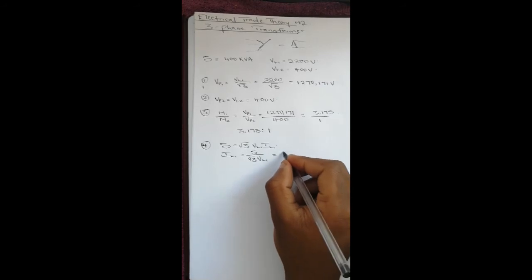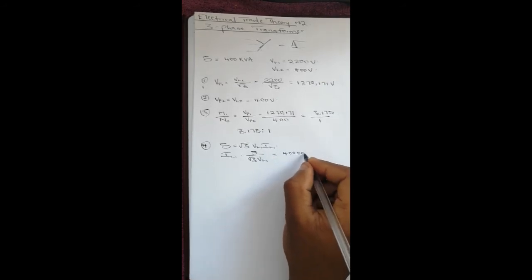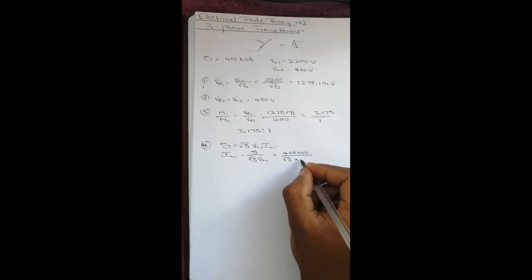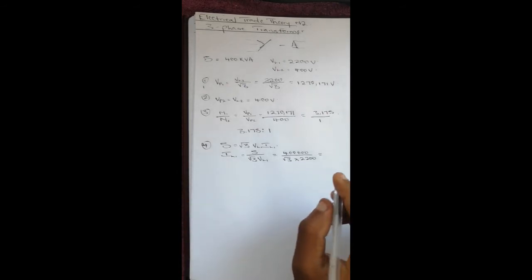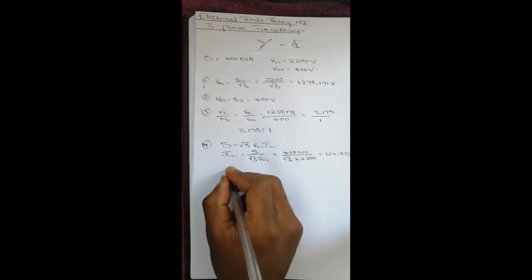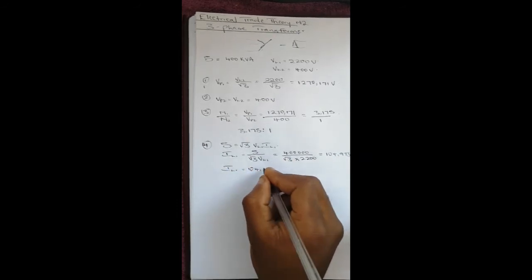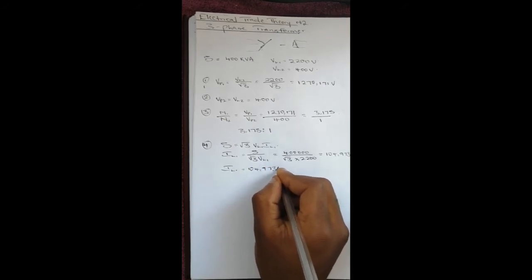Substituting, 400,000 over square root of 3 times 2200 gives 104.973 amps. So I line 1 equals 104.973 amps.